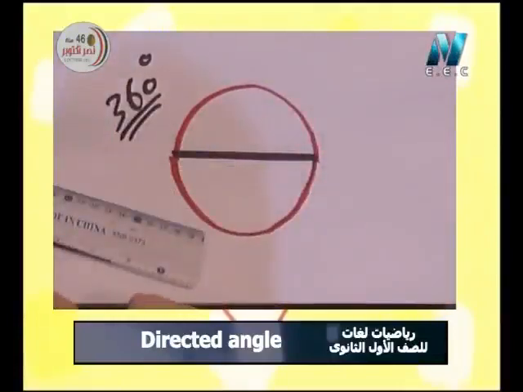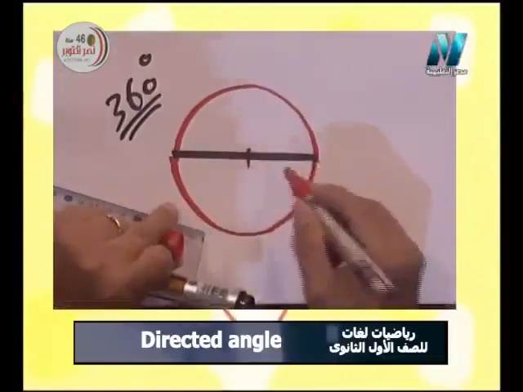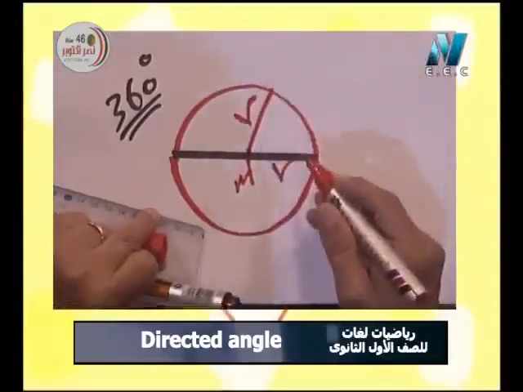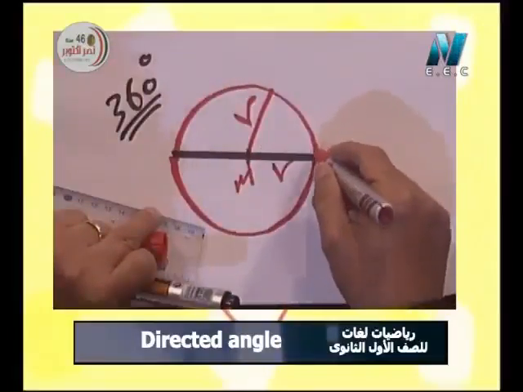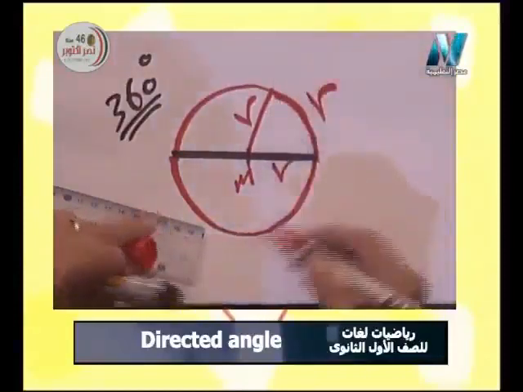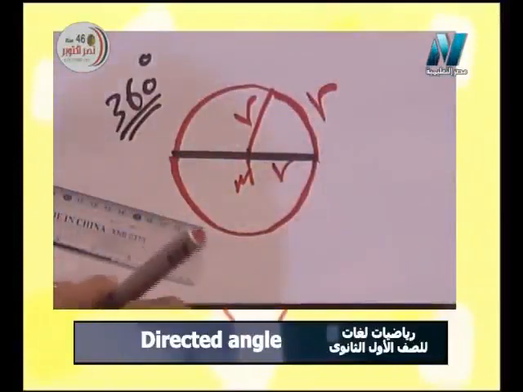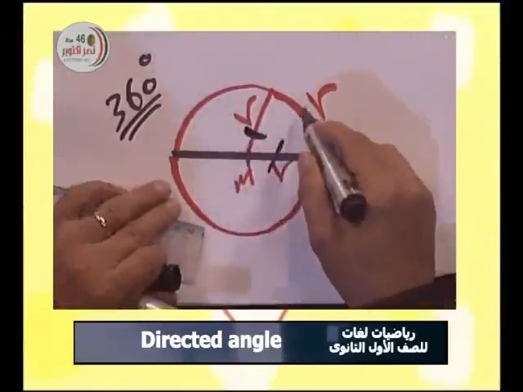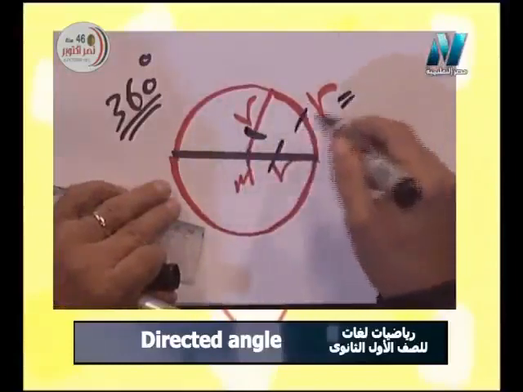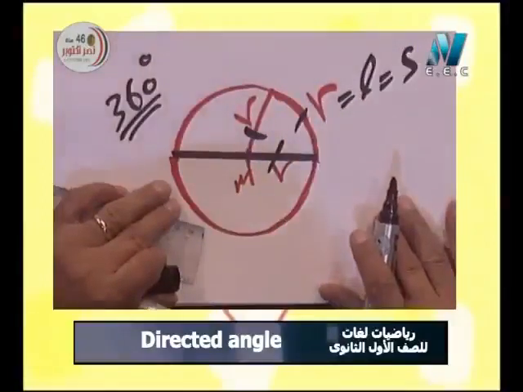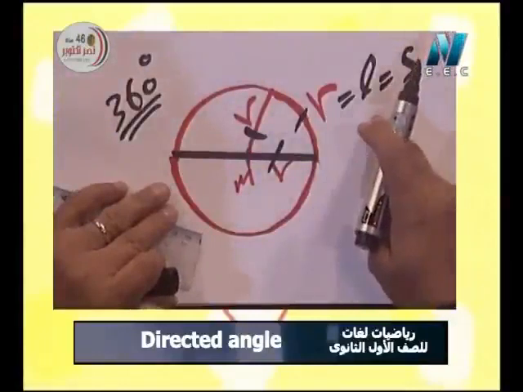We have here the radius equal another radius here, and when this arc equals r also, all of them equal r, all of them are equal in length, this is r, this is r, and this is r. We call this arc L or S. Yes, S equal L equal r.